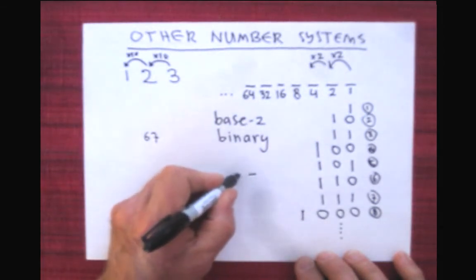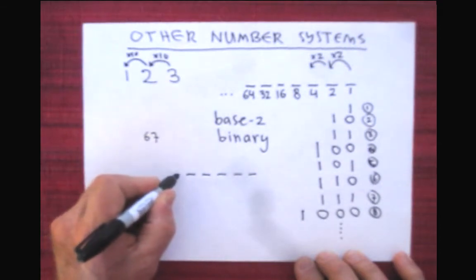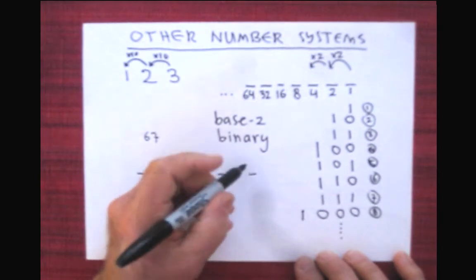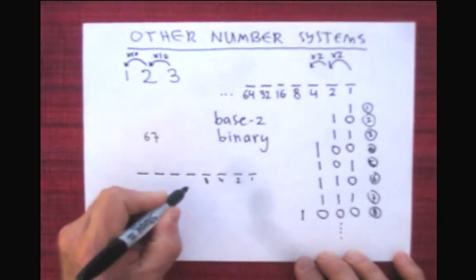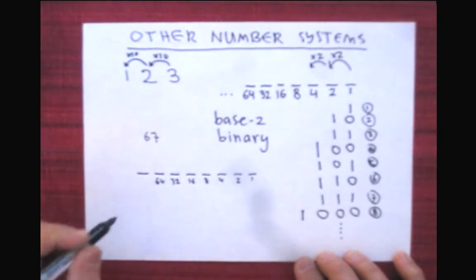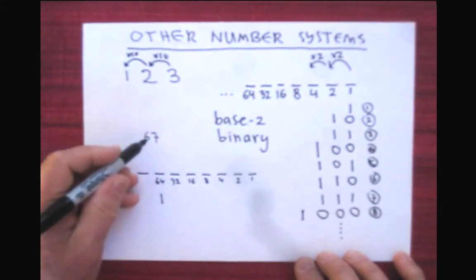So we have the 1s, the 2, 4, 8, 16, 32, 64, and so forth. So this is the 1, 2, 4, 8, 16, 32, 64. So I'm 67, so there is a 64. What's left over is 3.